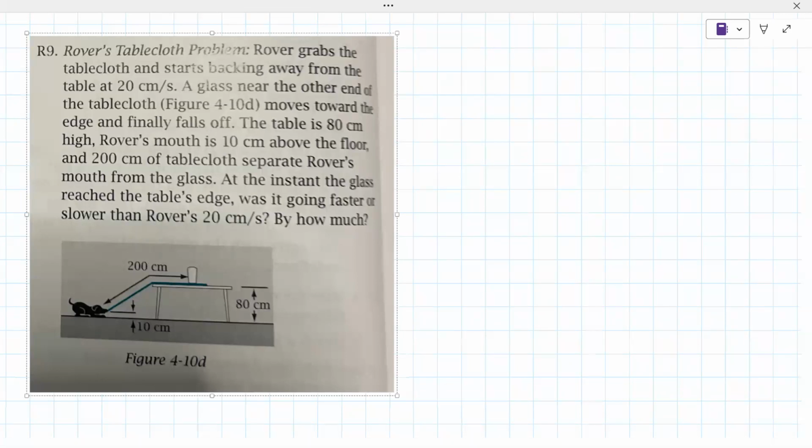Right, I'm actually going to check Chegg on this because I have no idea how to even begin this problem.